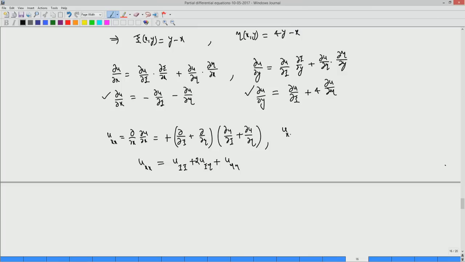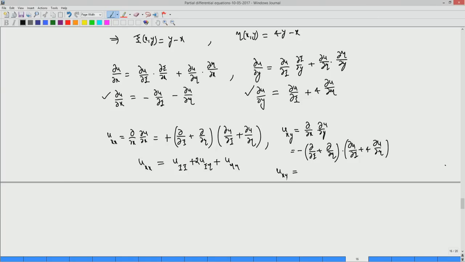So, this is what is your uxx, and from here you can also get uyy, but first of all you get uxy. Uxy is like ∂x ∂y of u, or ∂y ∂x of u. Both ways you can take. So, ∂x I replace with minus ∂ξ plus ∂η into ∂u/∂y, which you write as ∂u/∂ξ plus 4 times ∂u/∂η.